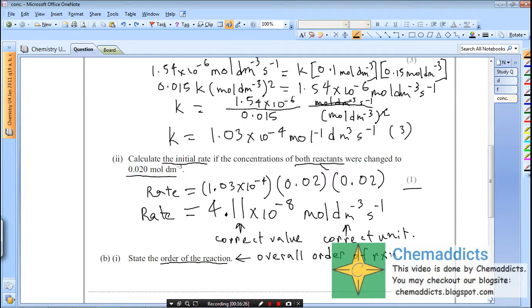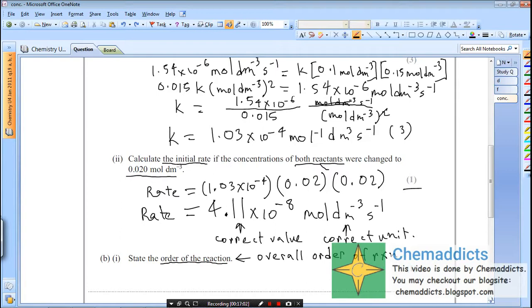Here we are sure that they have asked us to find the overall order, so we will mention the overall order, not the partial order. If they want us to find the partial order, they will mention it in the question: state the partial order of this, state the partial order of that. Here, they have asked us to find the overall order. Order of the reaction means overall order.